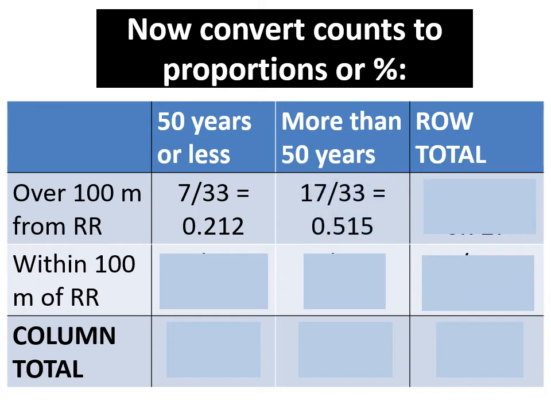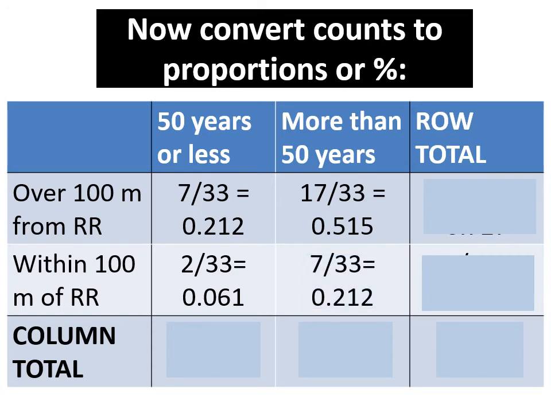For this cell, more than 50 years and over 100 meters from the railroad, almost 52% of all the observations fall into that category, so 0.515. Within 100 meters of the railroad and less than 50 years, it's 0.061, or just a little over 6% of all the observations.